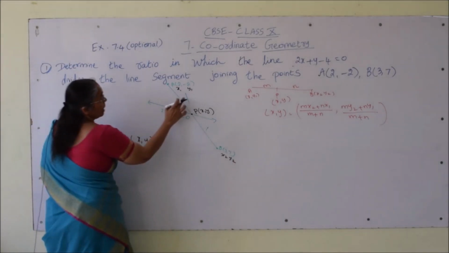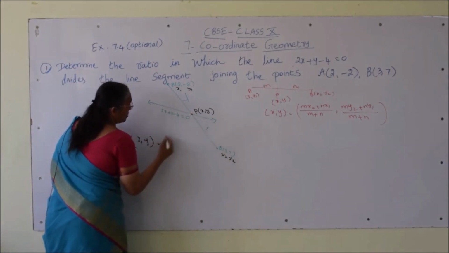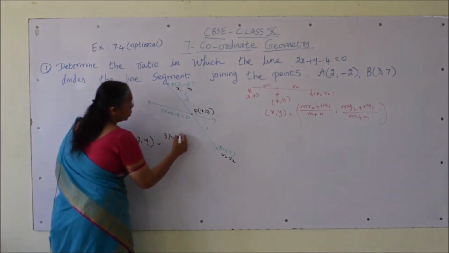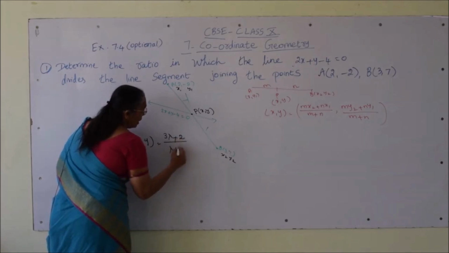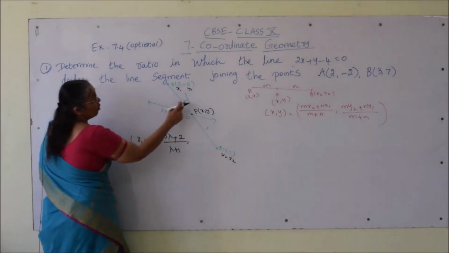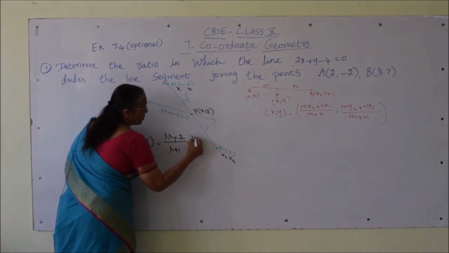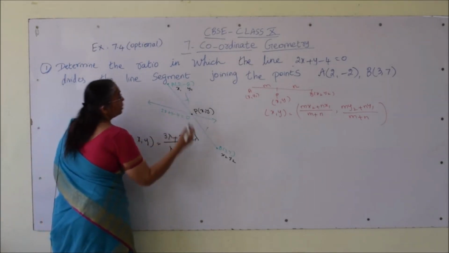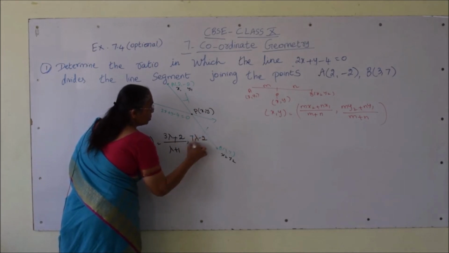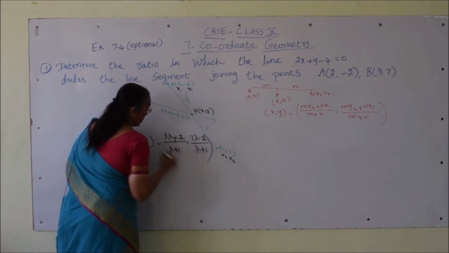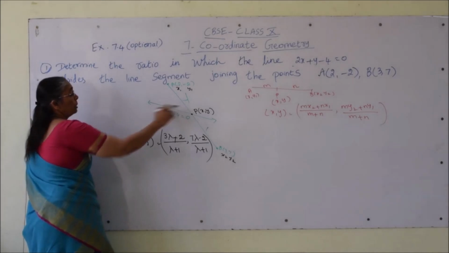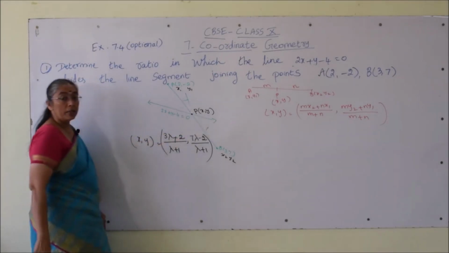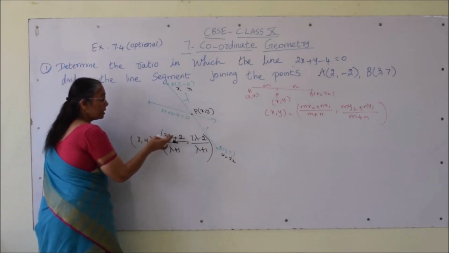So, m x2 is lambda into 3, plus n x1, 1 into 2, divided by lambda plus 1, comma, m y2 is lambda into 7, plus n y1, 1 into minus 2, divided by lambda plus 1. So, we got the point P (x, y) in terms of lambda, and we need the ratio lambda is to 1.